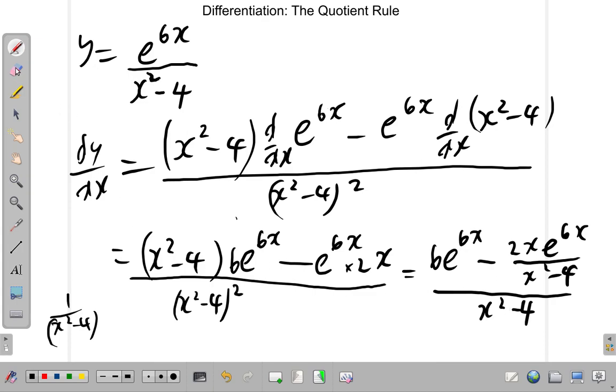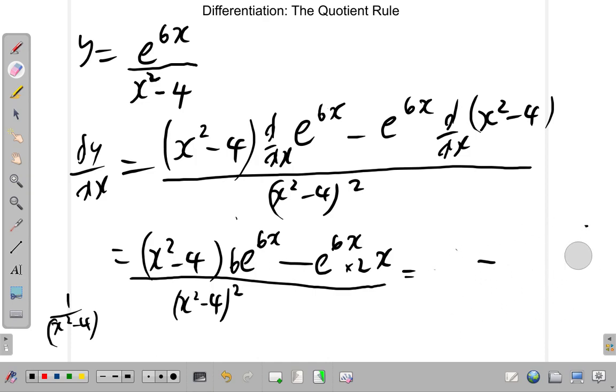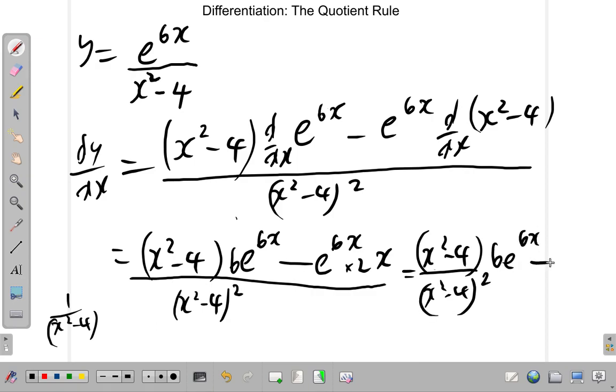You could also have them separated. So what you could do, if you divide both top and bottom by x squared minus 4, or consider this written in this way, x squared minus 4 over x squared minus 4 squared, 6e to the 6x minus, and then this would be 2x e to the 6x over x squared minus 4 squared.